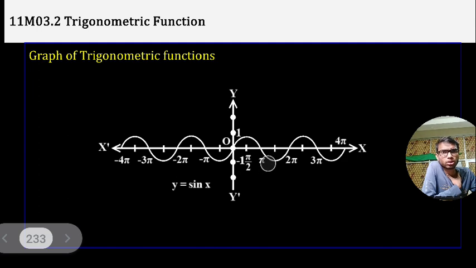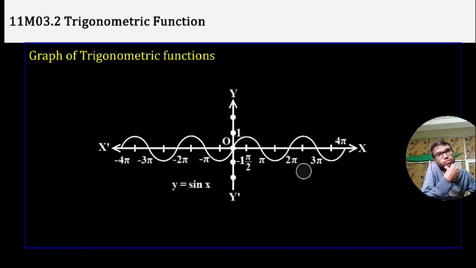Here x is pi, and y is 0. When we put x as an input, we will get the output 0. So sin 180 will give us 0.